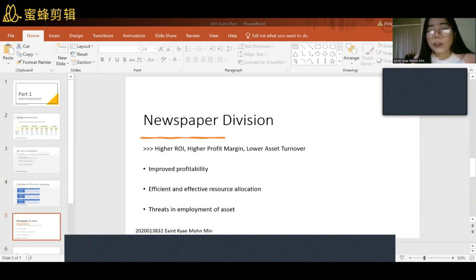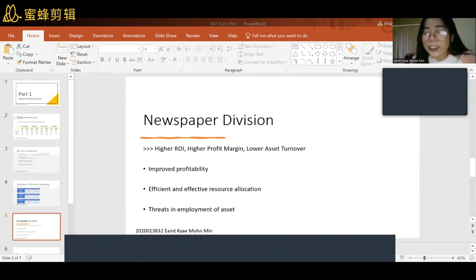According to the calculation, the newspaper division got a higher ROI and profit margin this year than last year. However, the asset turnover got lower this year. The higher ROI means very good results for the division.